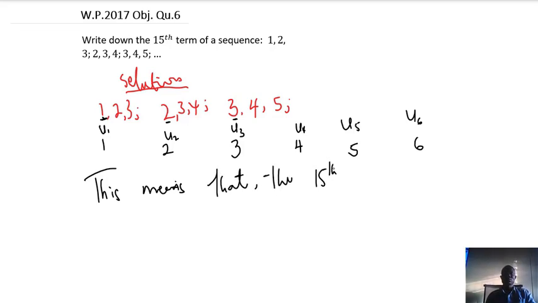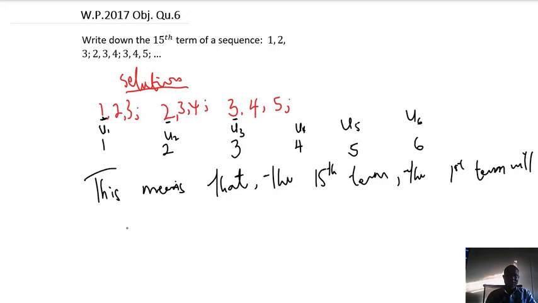the 15th term, the first term will be 15.